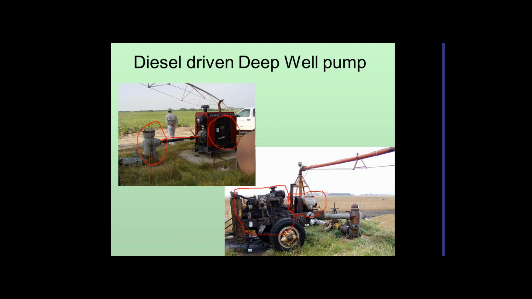The other important thing here: this one has a shield over the shaft, whereas this other one is minus the shield. So that's a safety issue. The one in the upper left should have a shield over the shaft.